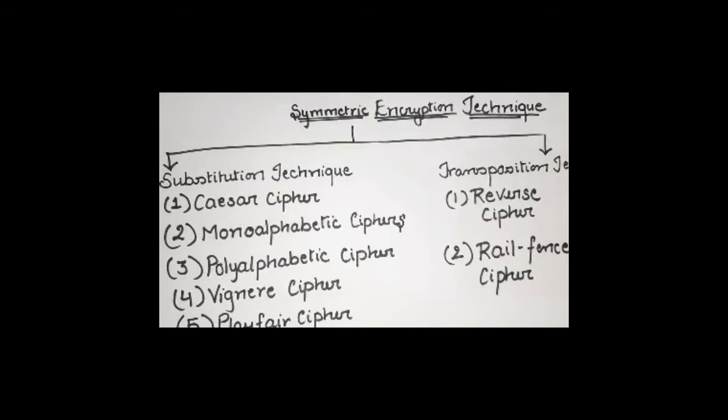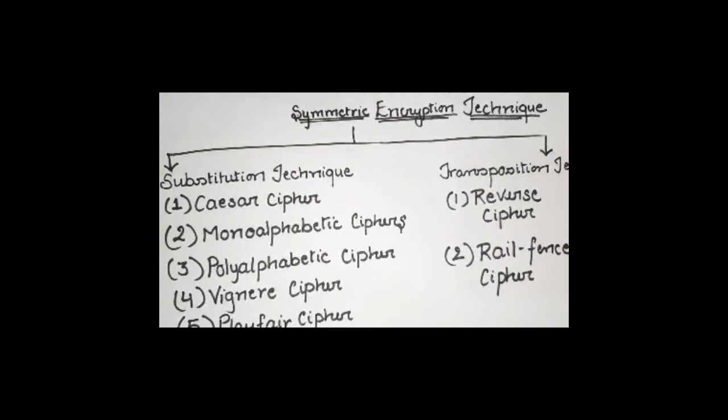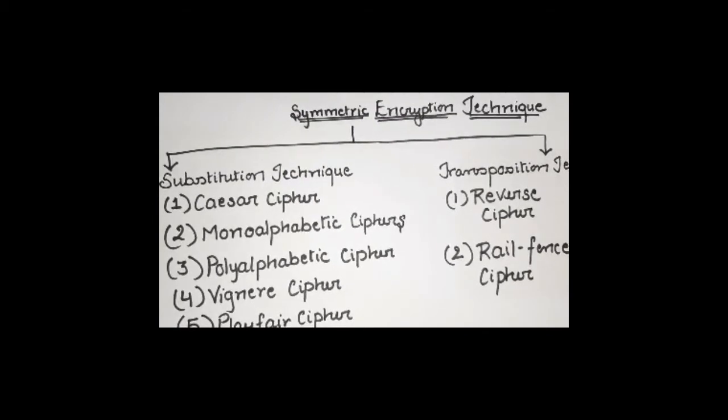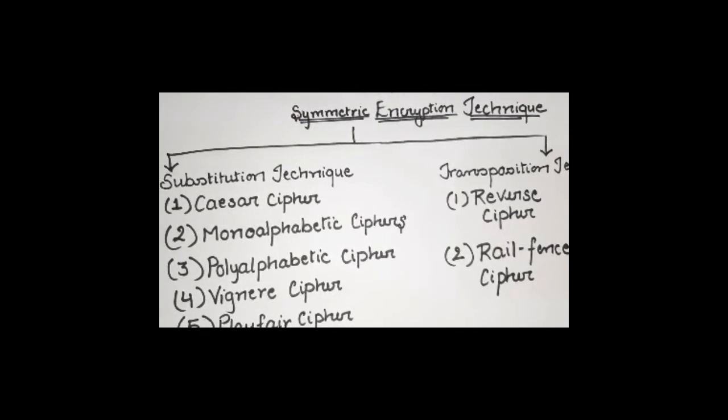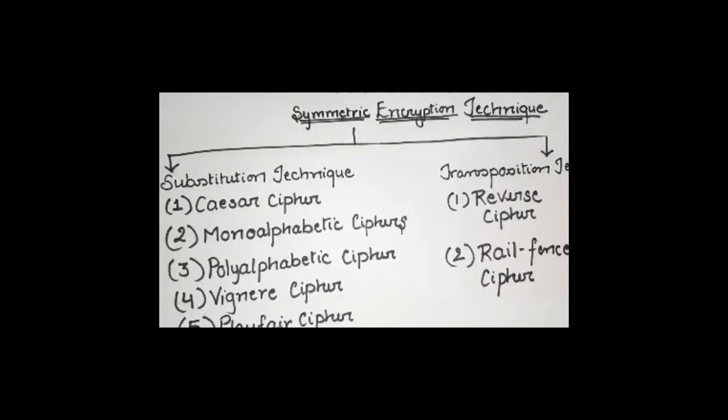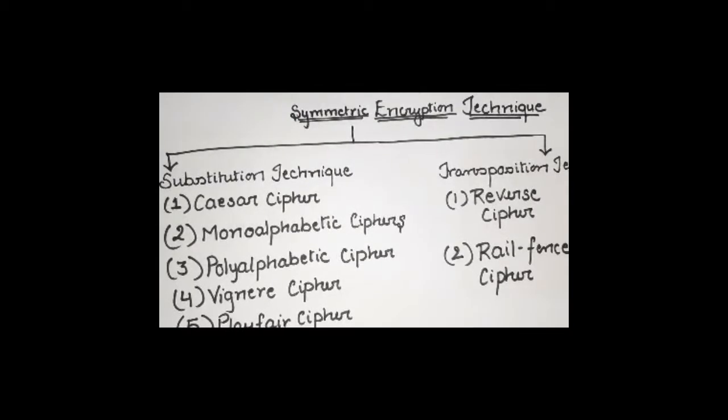It is called symmetric because it uses the same shared secret key for both encryption and decryption. The key that is used for encryption is also used for decryption. In other words, encryption and decryption both use the same key, and that is why it is called symmetric encryption.